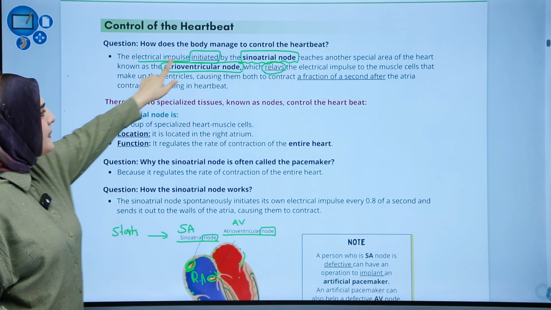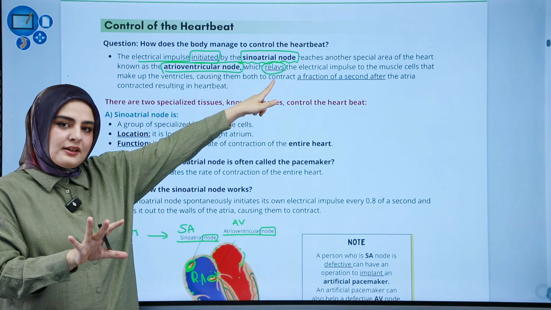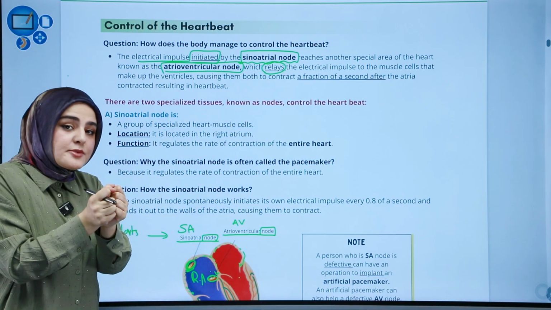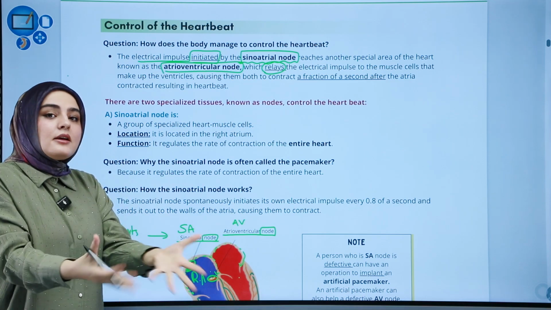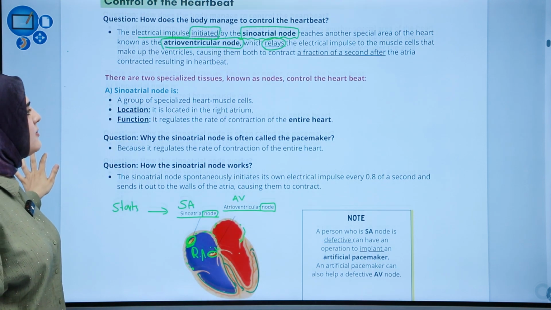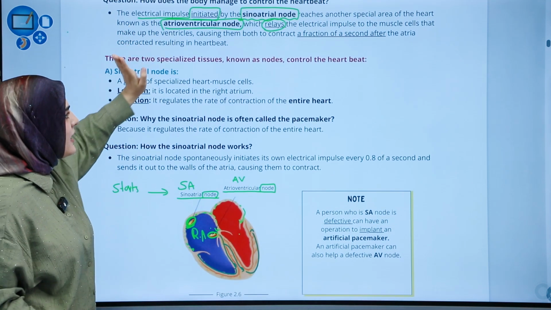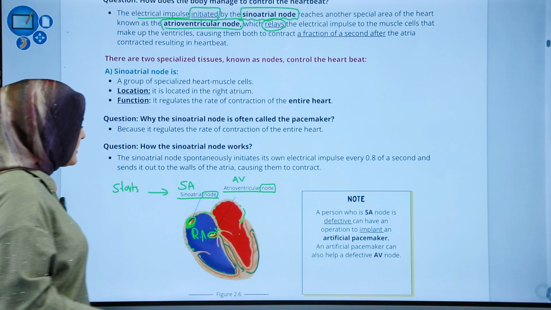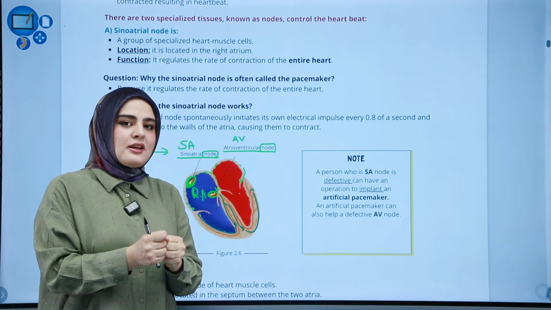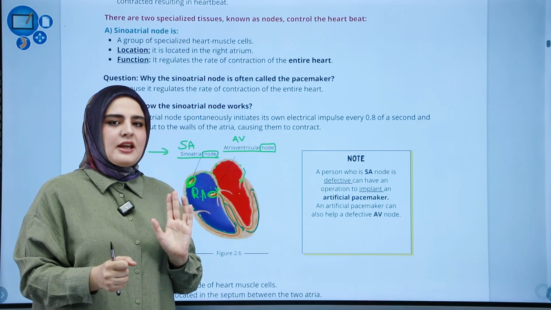Good. Remember, the sinoatrial node created the electricity and starts the whole process. The AV just got it from the sinoatrial and then gave it to the ventricles. Why are there two of them if the one that starts it is SA? It's because the ventricles need to be delayed in the contraction by a fraction of a second from the atria.